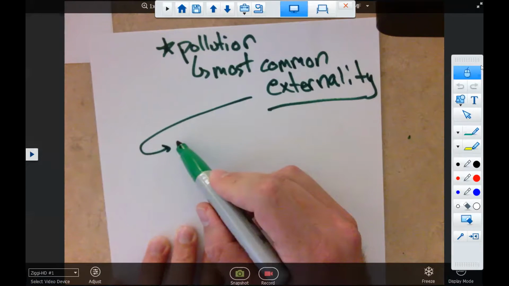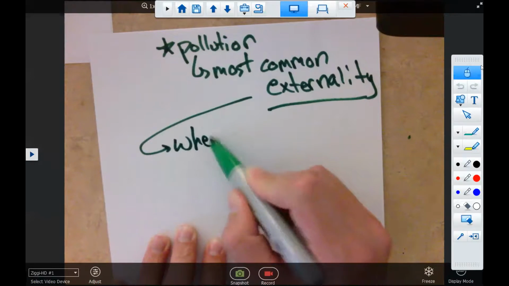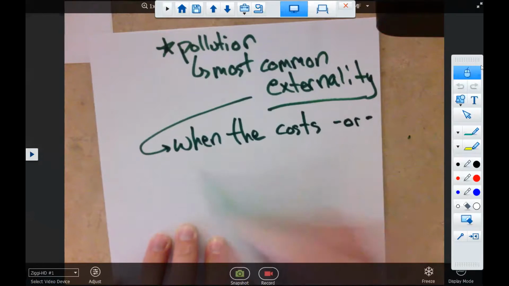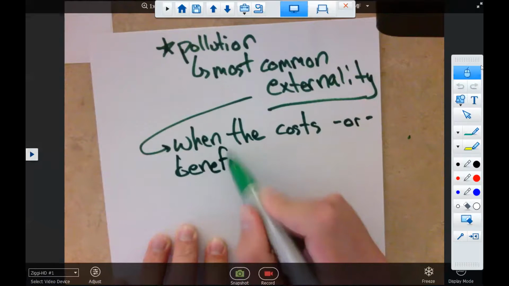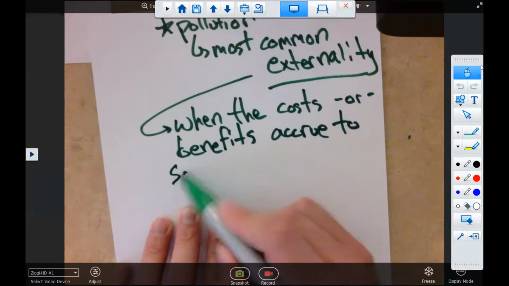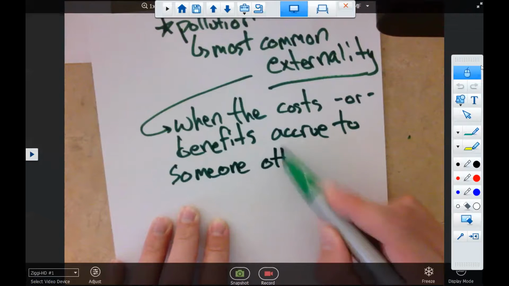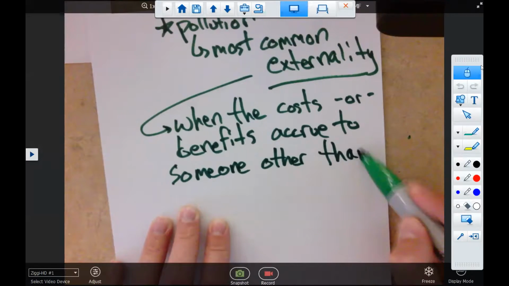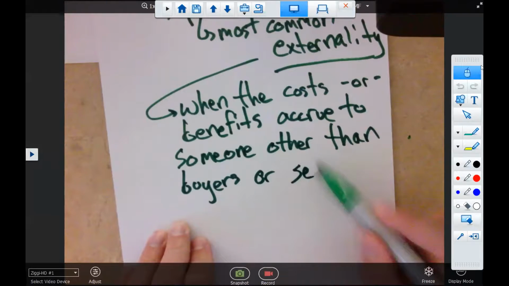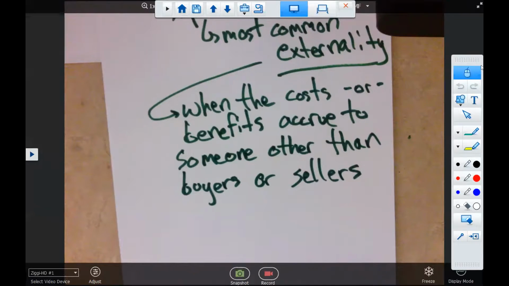No, so it's when the costs or benefits accrue to someone other than the buyers or sellers. So someone other than the buyers or sellers, we call that a third party, right?